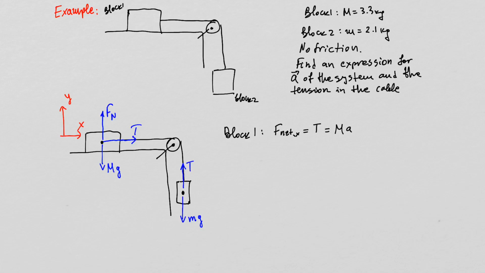Now, for the vertical direction, the net force in y direction is simply equal to Fn minus mg, so the normal force minus the weight of the block. Vertically, the block does not accelerate. There is no vertical motion at all. So that means that this net force is equal to 0.